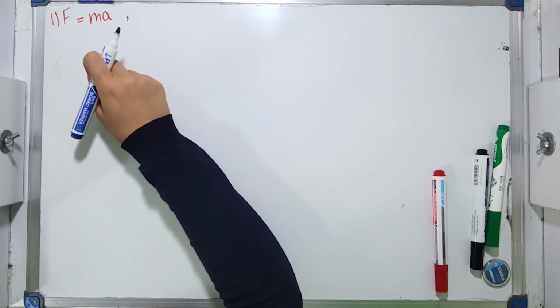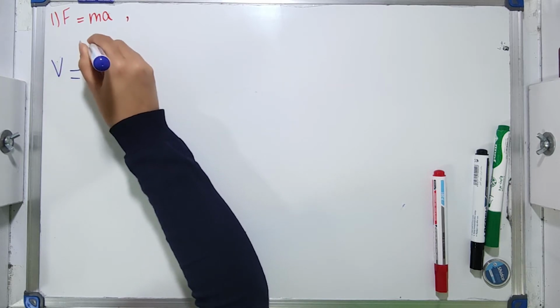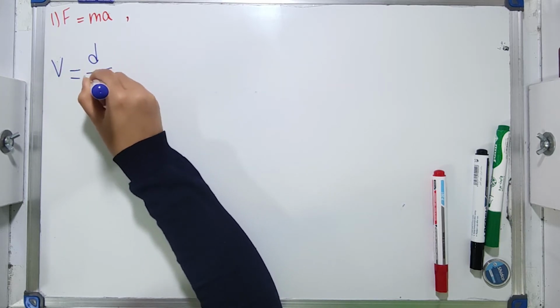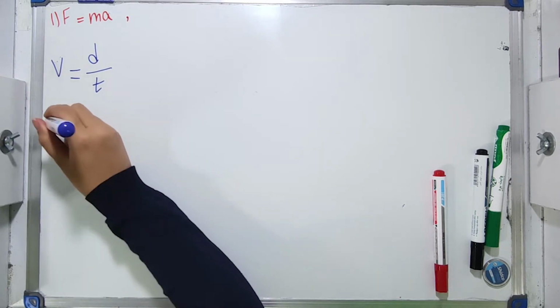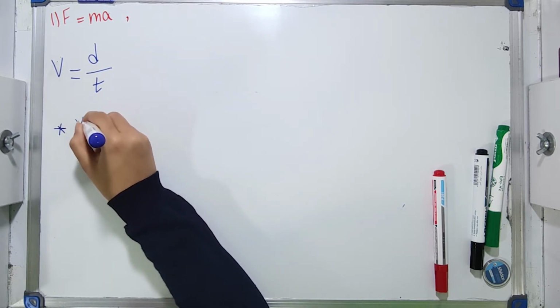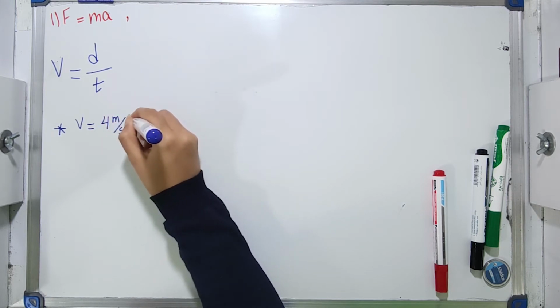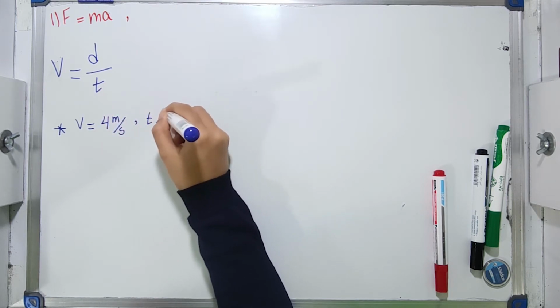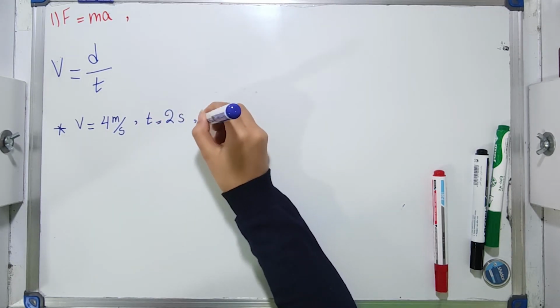Recall the speed equation. V, velocity, equal to distance over time. This is a velocity equation. In the first example, imagine that I say V is equal to 4 meters per second and time is 2 seconds. Find D.